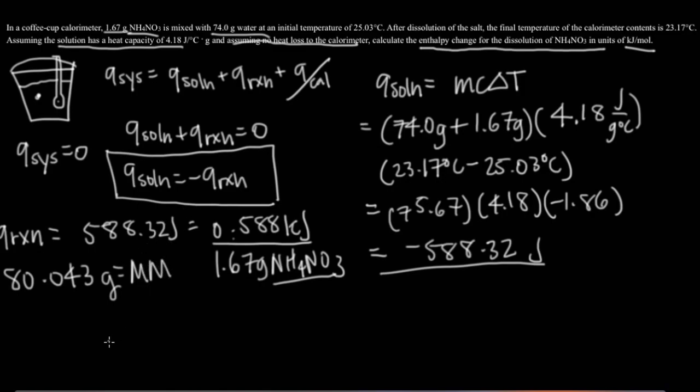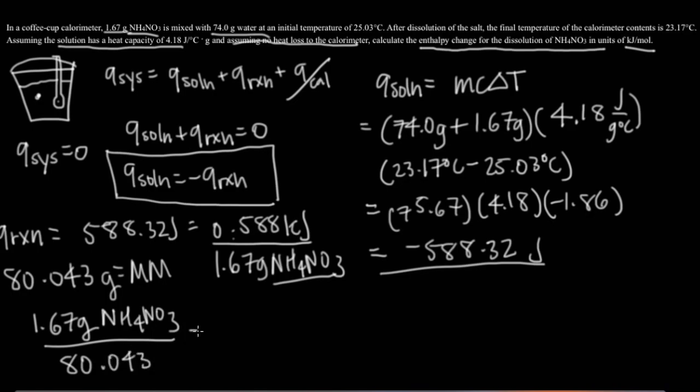So now that we have the molar mass of NH4NO3, we can convert 1.67 grams of NH4NO3 to moles. How we do this is just divide the amount of grams of NH4NO3 by its molar mass. And when we do this, we see that we have 0.021 moles of NH4NO3.